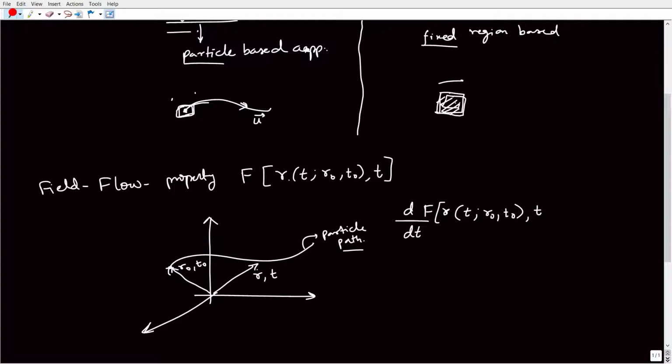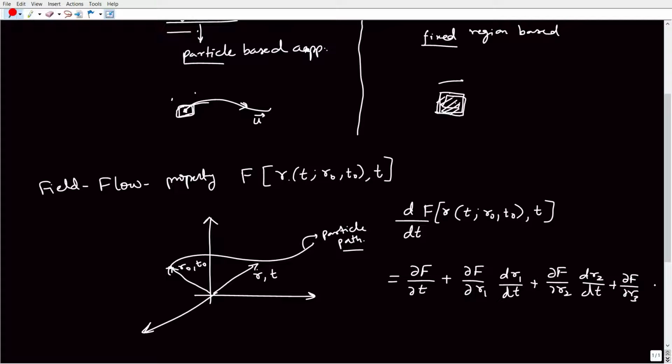We can write it as partial f partial t plus partial f by partial r1 times dr1 by dt plus partial f by partial r2 times dr2 by dt plus partial f by partial r3 times dr3 by dt.